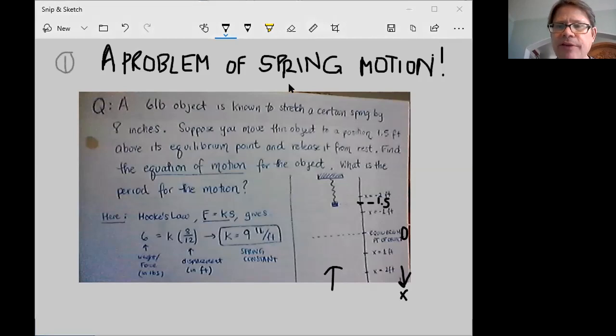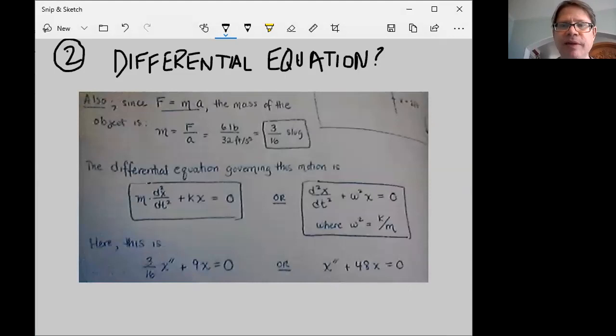The next place that we're going to go from there is to come up with a differential equation. On my second screen here, you'll see how we're going to do that. We already know the k value. Another value that's important for us to know here is the mass of the object. We were told earlier that the object weighed 6 pounds, but that's not the mass. According to Newton's law, F is equal to ma.